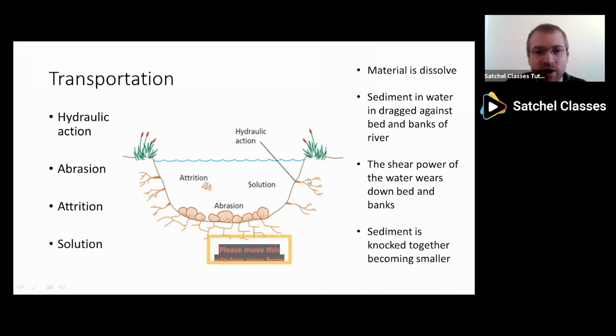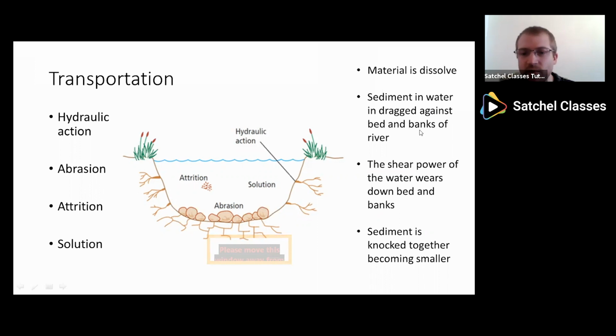So you might find cracks in the banks and bed of the river. Abrasion, which we can see at the bottom, which is linked towards the piece of sediment at the bed of the river. Attrition, where we can see finer sediment floating in the water, and we can see solution, which is kind of clear. There's nothing really showing that.